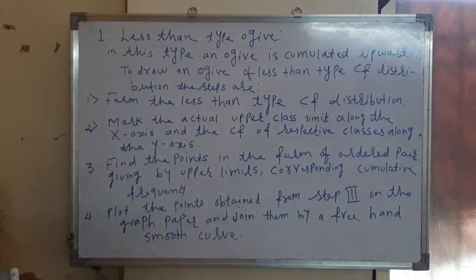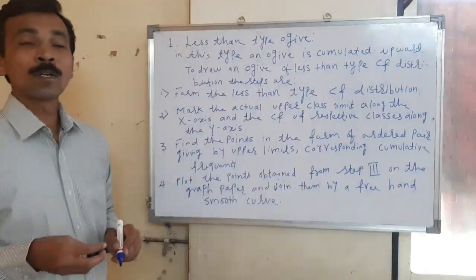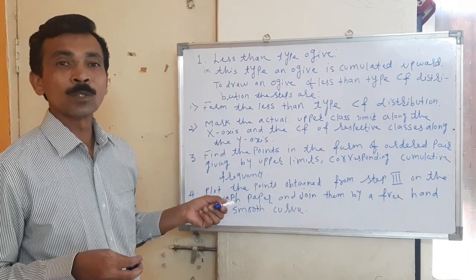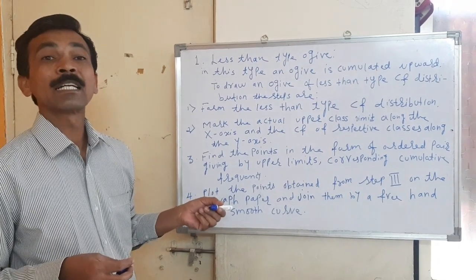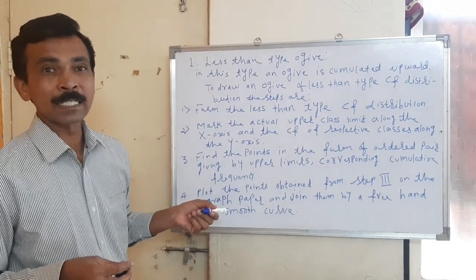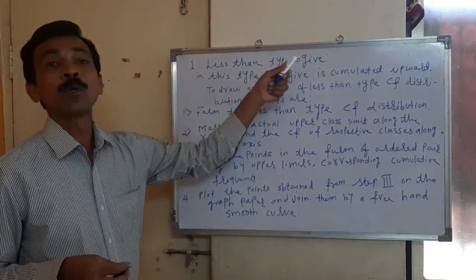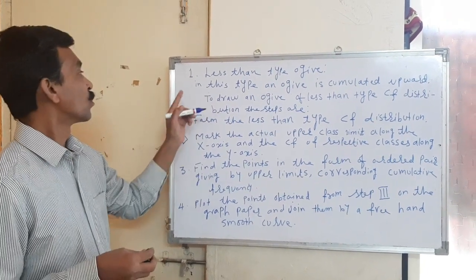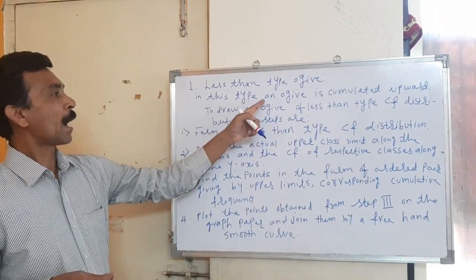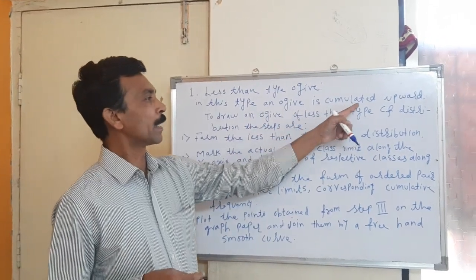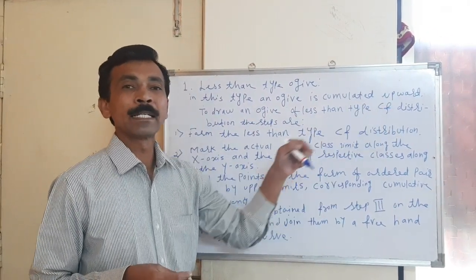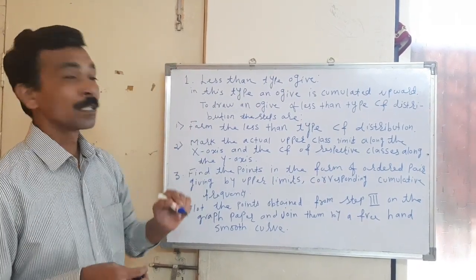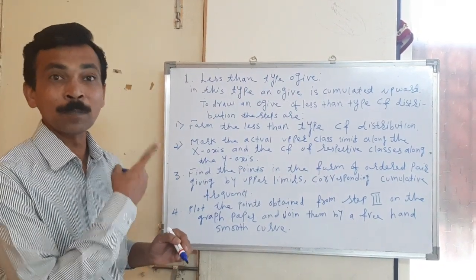Before we move on to the exercise, I would like to give you all the details of plotting these ogives on the graph. First we will see less than type ogive. What are the steps to be followed? In this type, an ogive is cumulated upward. Means it goes on the graph paper from the lower to the upper part. When we plot it, we will come to know the points.